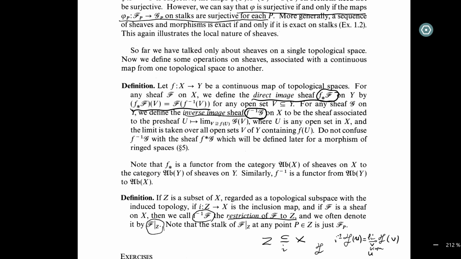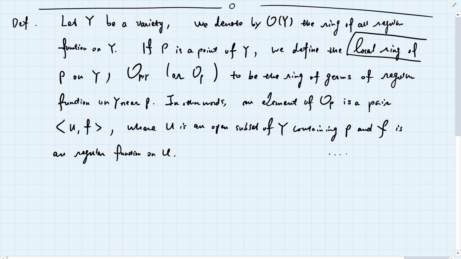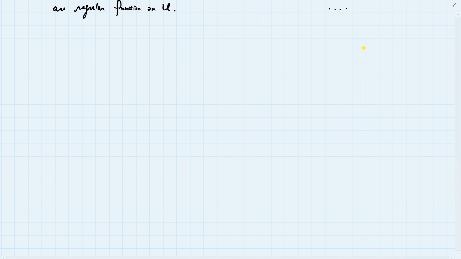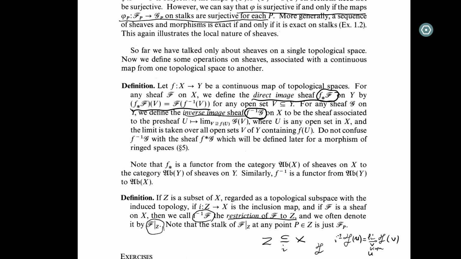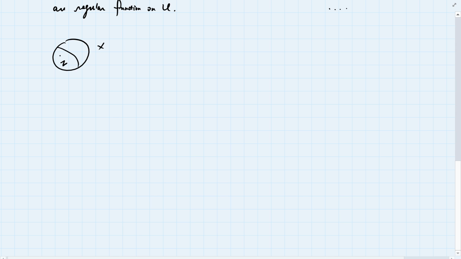It's the same. Let's see, how can we say this more clearly? For example, you have X, you have Z. Take any point of Z. In the case where i is the inclusion map, no matter closed or open, just inclusion.